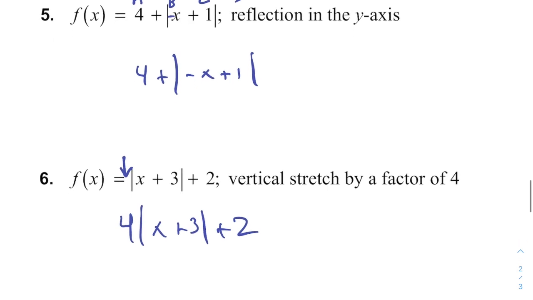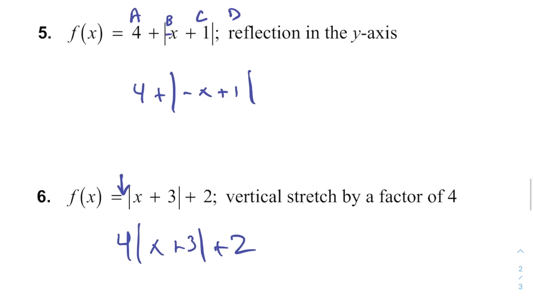Okay, so that's all you do. When it says this, you have to know what letter it is affecting and then just affect those letters. So vertical stretch affects A, so we change A by a factor of 4, so we multiply by 4. Now if there was a number out there, like a 2 or something like that, you'd have to multiply.